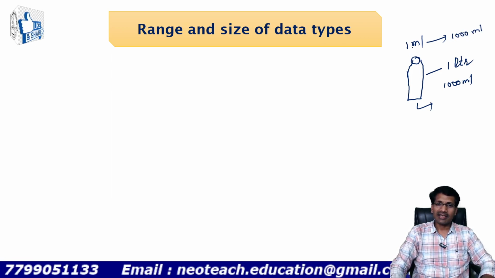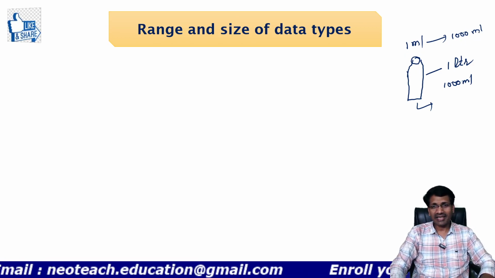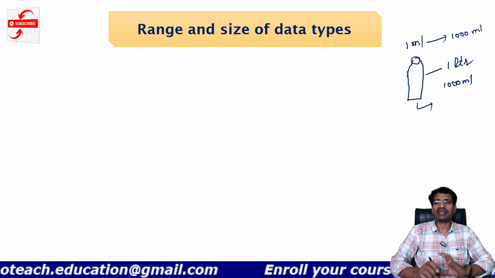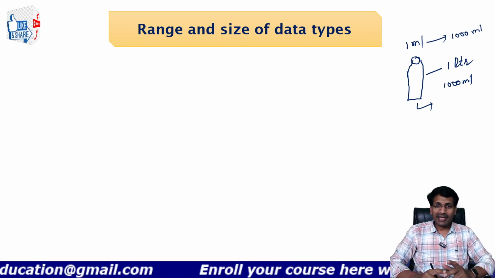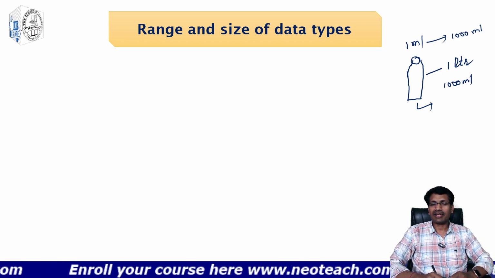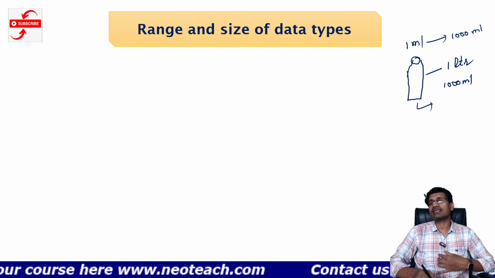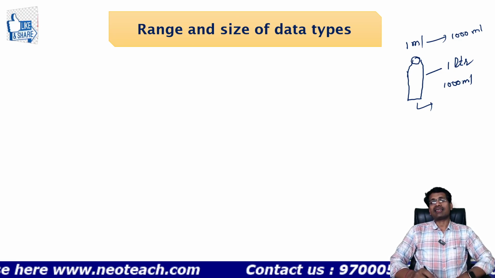So the minimum content I can fill is 1 ml and the maximum is 1000 ml. The 1 ml is the minimum of the range, and 1000 ml is the maximum. Whenever we discuss the min value to max value, we consider it the range.